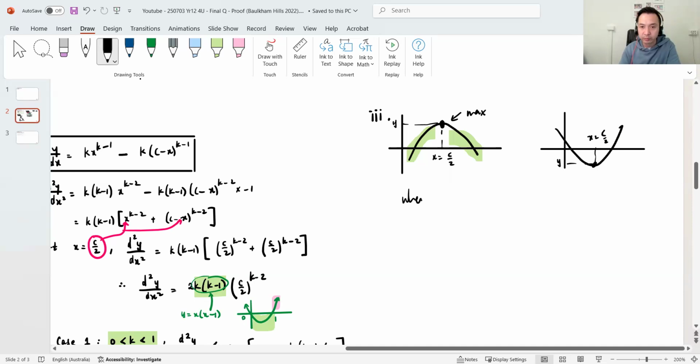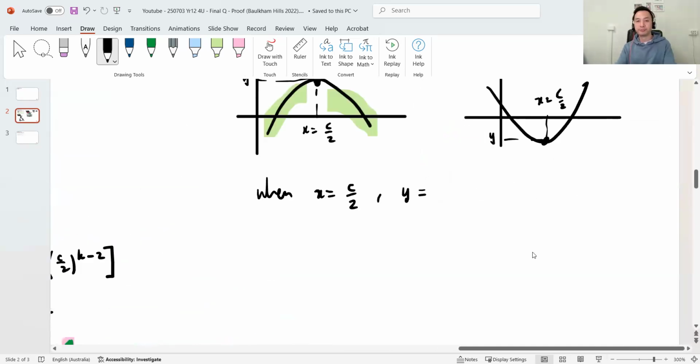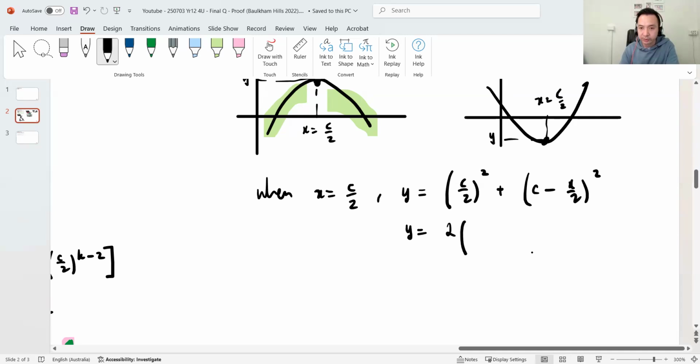So when x equals c on 2, y equals c on 2 to the k plus c minus c on 2 to the k. So what's that? That's 2 times c on 2 to the k.